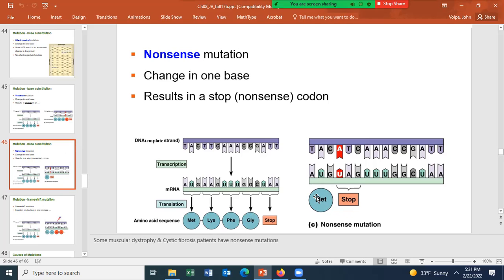When that mutation occurs, the rest of the gene is not translated, and so you get a shorter protein. Oftentimes, the protein will not work if you have a nonsense mutation, but in a few cases, the protein works. It just doesn't work optimally. Some examples of a nonsense mutation are some muscular dystrophy and some cystic fibrosis patients.